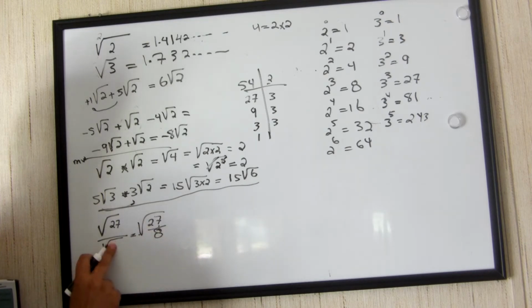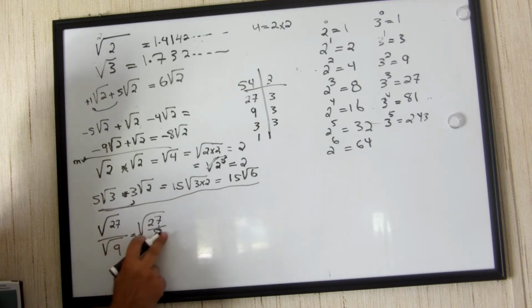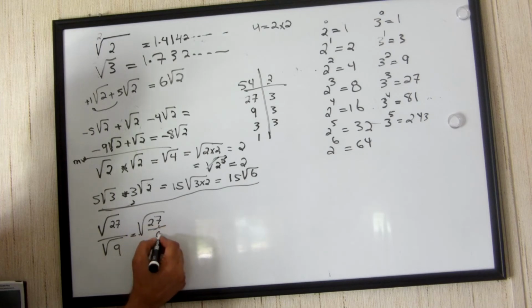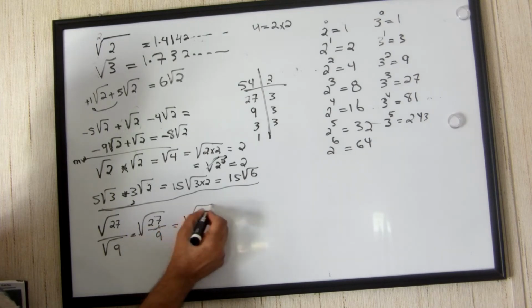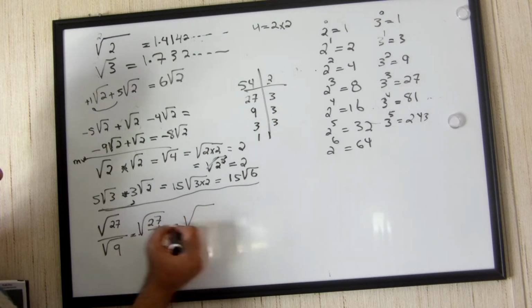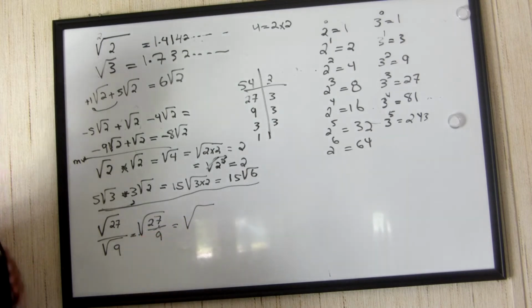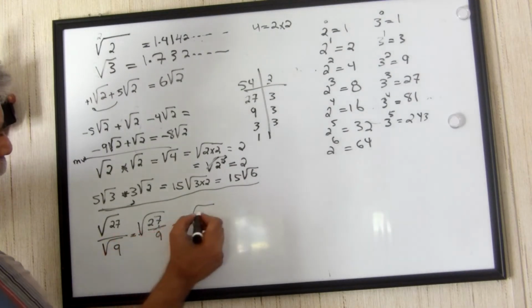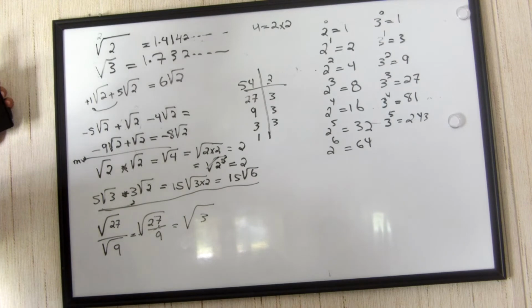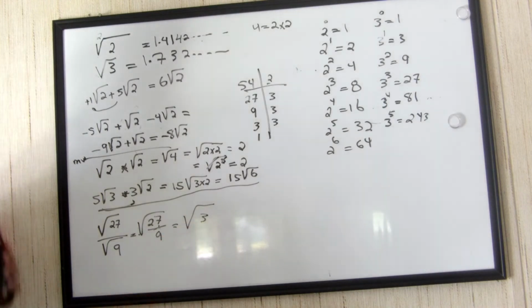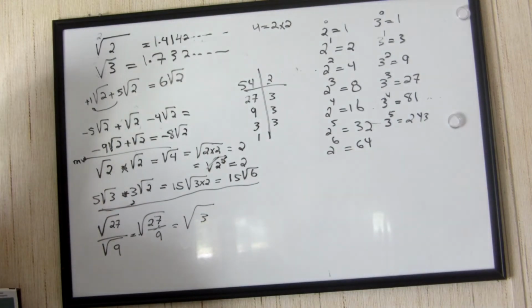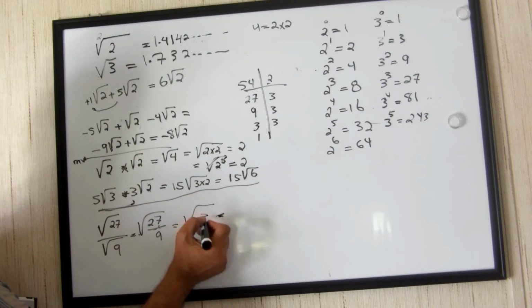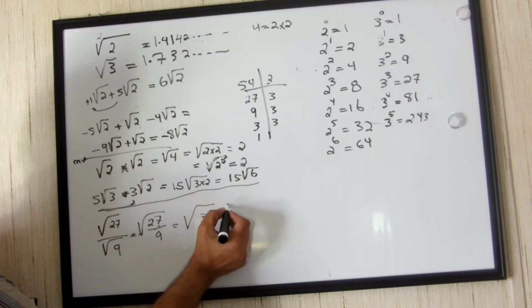But if it was 9, what's going to happen? We write it like this: 27 divided by 9 is 3. So this is going to be the answer, which is the square root of 3, and its value is 1.732.